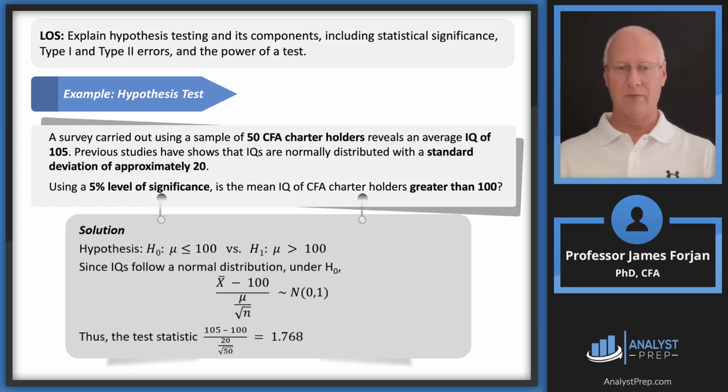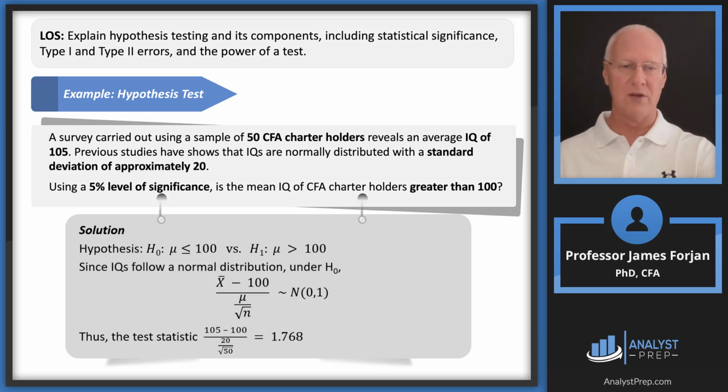This is such a cool thing. So remember the difference between mathematical differences, which the Institute is not going to test us on, and the statistical difference. We have to ask ourselves the question, is 105 minus 100 statistically significant? We know it's mathematically different.